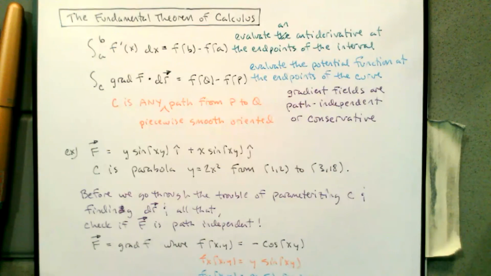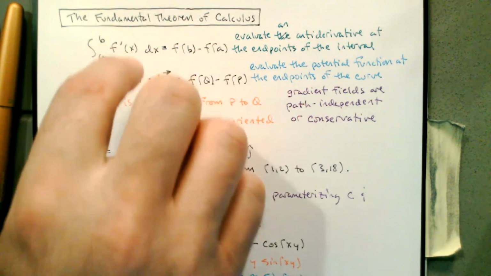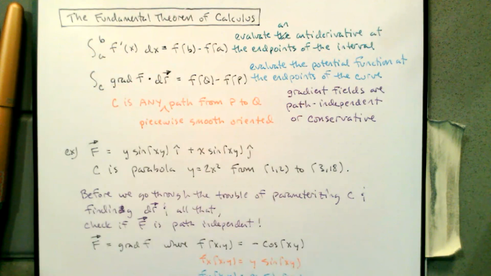And they both have the same kind of stuff going on. We're evaluating some kind of derivative, either just a derivative or a gradient, which is made up of derivatives, along a one-dimensional curve, either a one-dimensional interval from A to B, or some one-dimensional curve C in R2 or R3 or Rn.